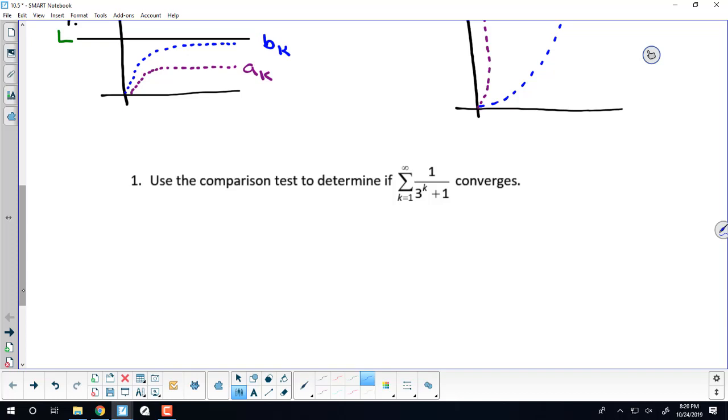That's usually a good rule of thumb to choose a particular series to compare to. It's not always accurate, but. So here we would pick B sub k to be the sum of 1 over just 3 to the k.